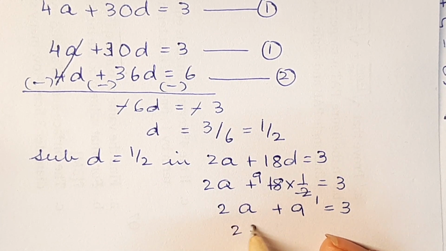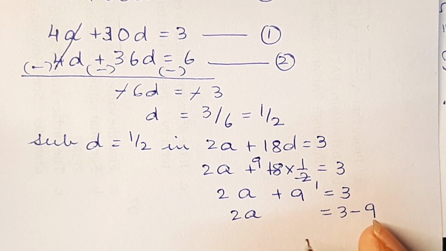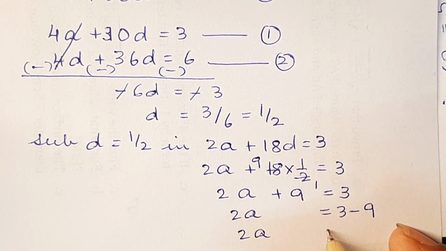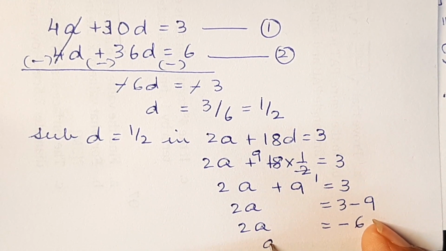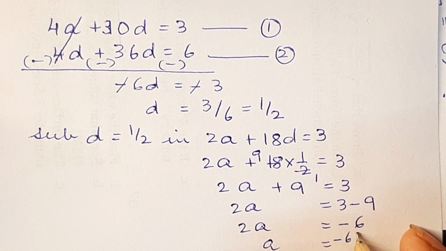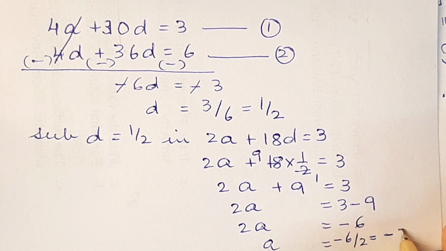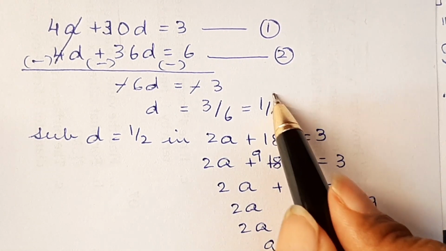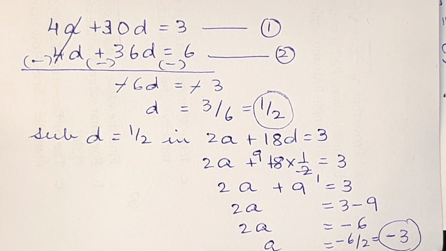That will give us 2a is equal to 3 minus 9, which will give us 2a equal to minus 6, which will give us a equal to minus 6 upon 2, which is equal to minus 3. So now we have the value of d, we have the value of a, which is minus 3, and now we can proceed for our next part.